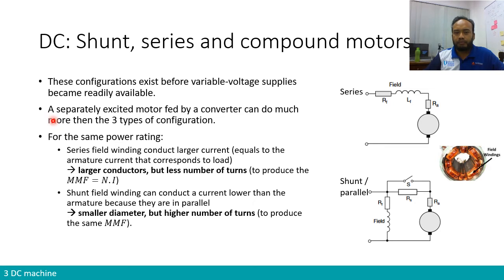So the case that we're going to look at when we study shunt and series is basically for the old kind of application. It still exists today in industries, and that's why we are learning it.